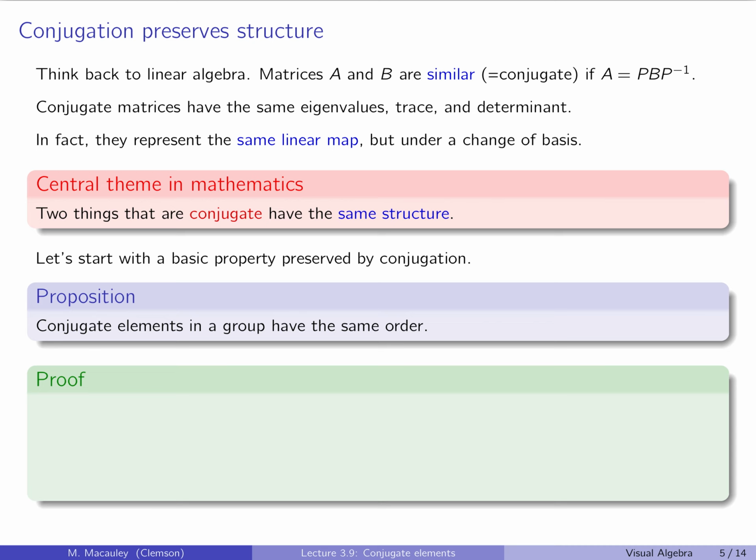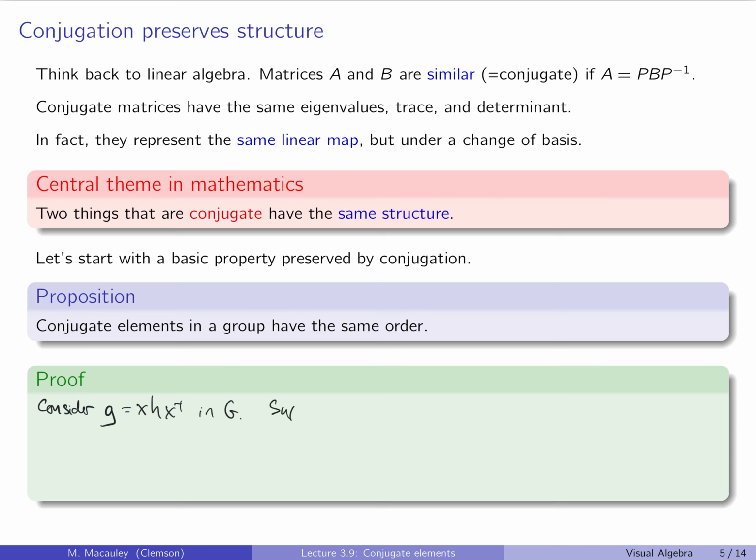First, let's start with the basic property preserved by conjugation, and that is that conjugate elements in a group have the same order. To prove this, let's consider an element g, which is equal to, let's say, x h x inverse in a group G. So g and h are conjugate.